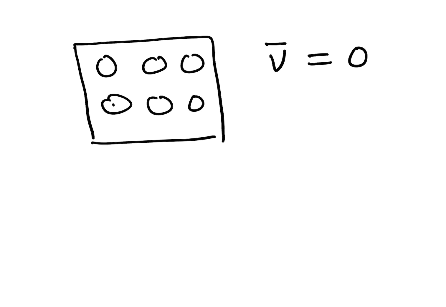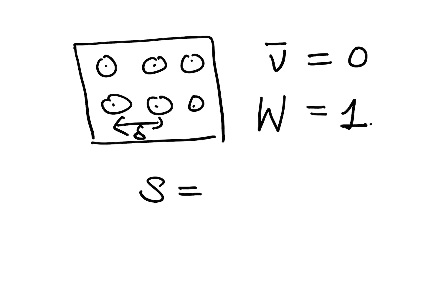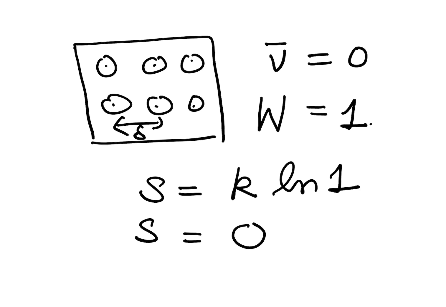If you know one of them, you can just say all of them, because you know their spacing. You just need one number, which means the possible number of microstates suddenly reduces to 1, and the entropy that we defined previously, K ln W, is K ln 1, or 0.